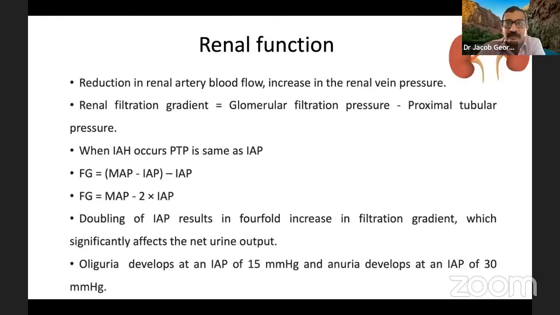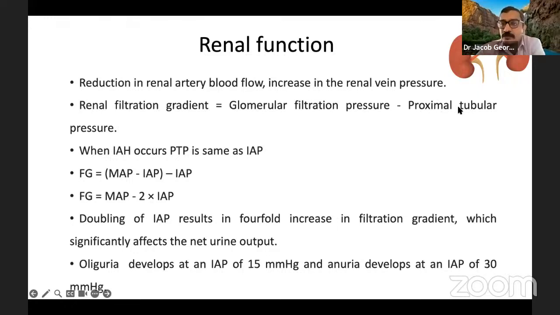You have a reduction in your renal function. This is because you have a reduction in renal artery blood flow, and an obstruction in the renal vein also. This affects your renal filtration gradient. How do you calculate the renal filtration gradient? It's calculated as glomerular filtration pressure minus proximal tubular pressure. Glomerular filtration pressure is MAP minus IAP.